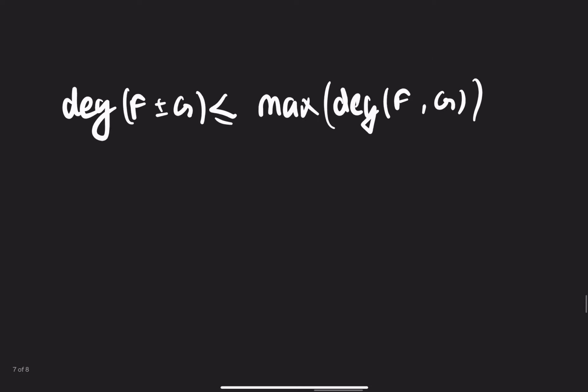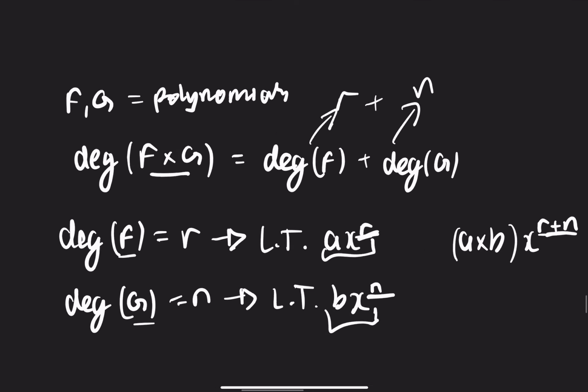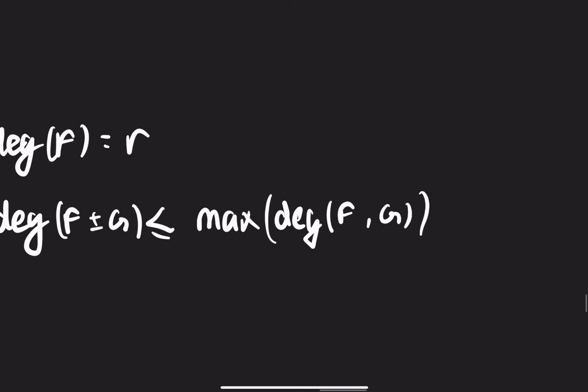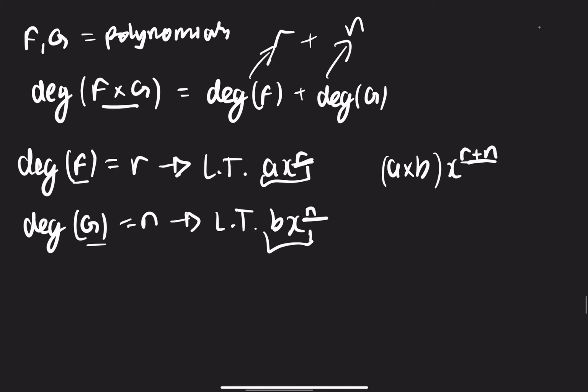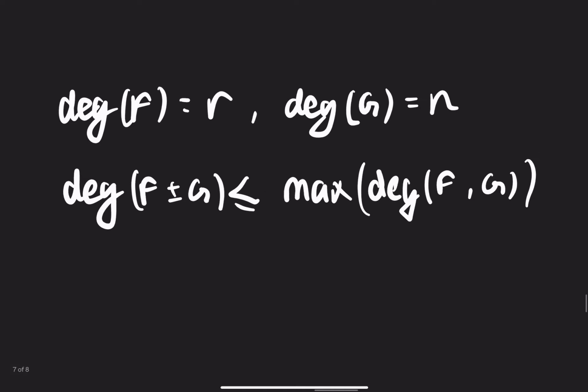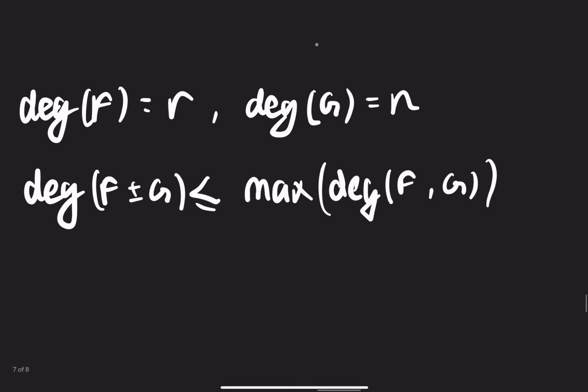So again, let's say the degree of f is r. Yeah, I did. Degree of f is r. Degree of g is n. Yeah, it is. And let's just assume that r is greater than n.